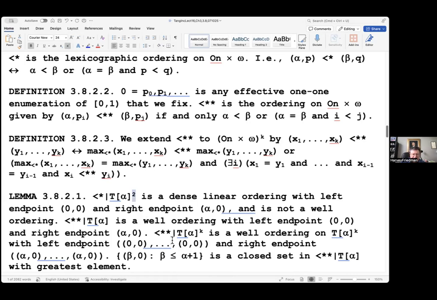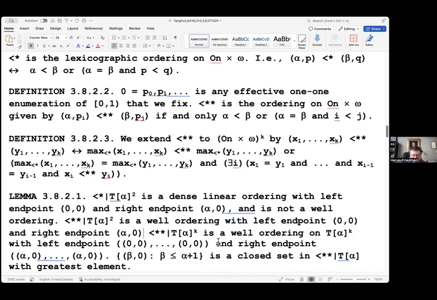So I think we need to fix this. This is a well ordering. Oh, yeah, sorry, the period is part of that sentence. So less than double star restricted to T alpha K is a well ordering on T alpha K with left endpoint blah and right endpoint blah.